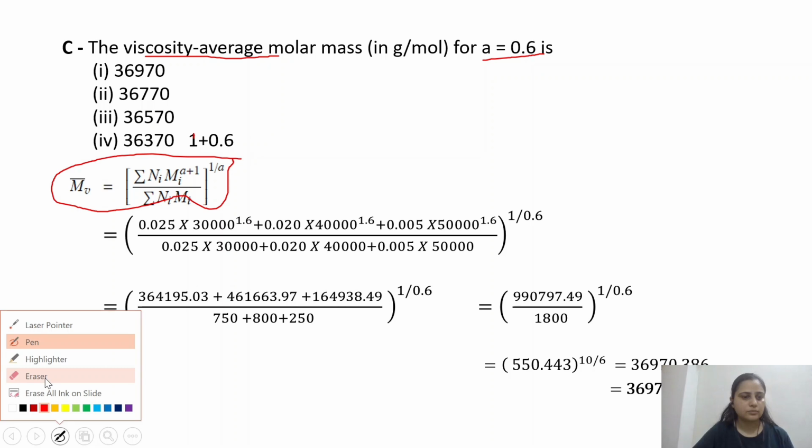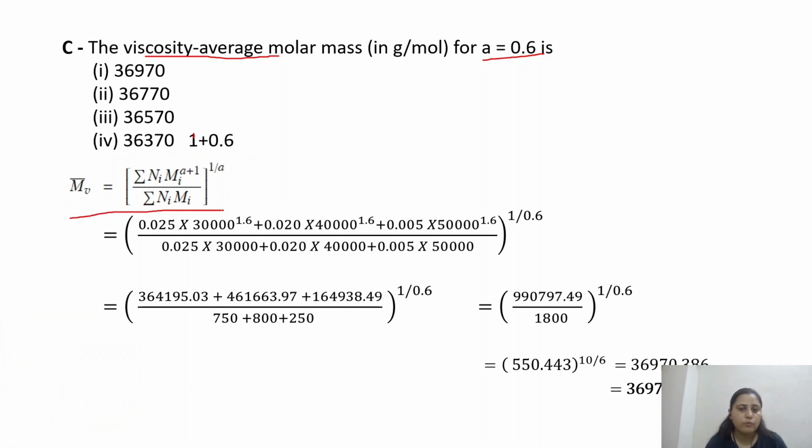As per this formula, it is the summation of Ni moles into its molecular weight Mi to the power A plus 1, divided by summation of NiMi, and the whole to the power 1 by A. So here it is written A plus 1. So I tried to calculate A plus 1, which is 1 plus 0.6, which equals 1.6.